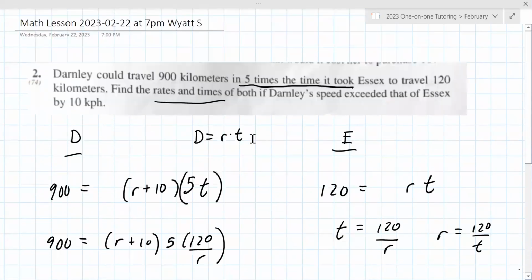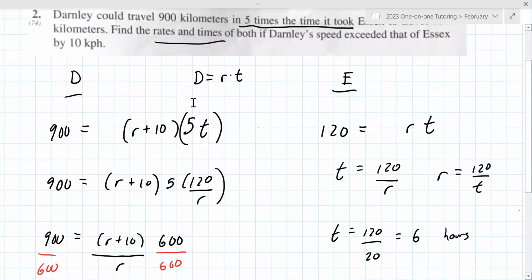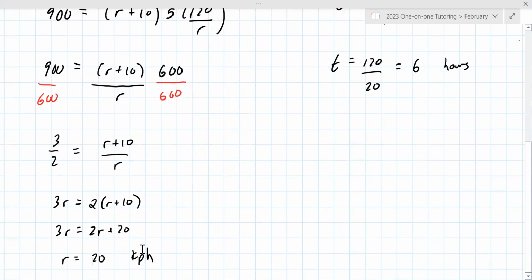That is E's information. We actually want D's. So you have to go back. The time of D is 5 times the T, and the rate is that rate plus 10.